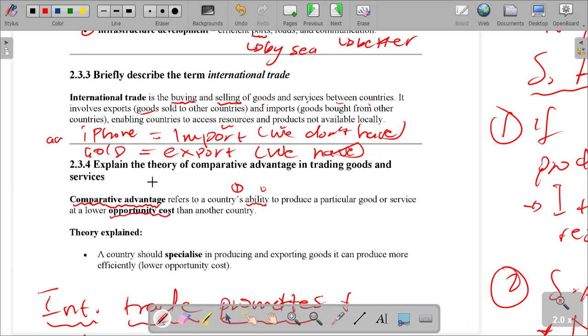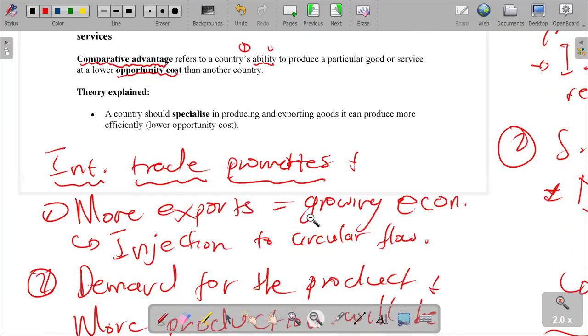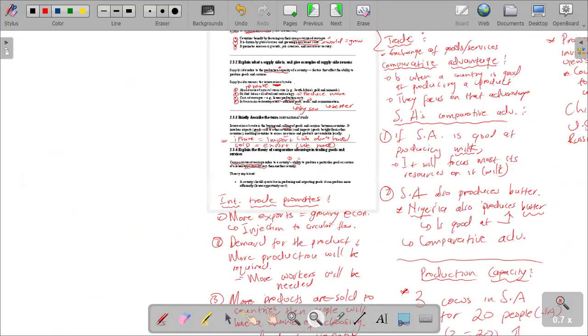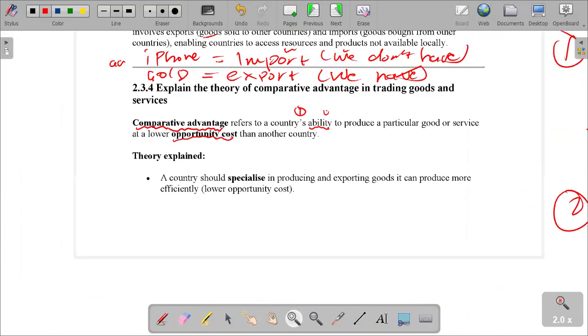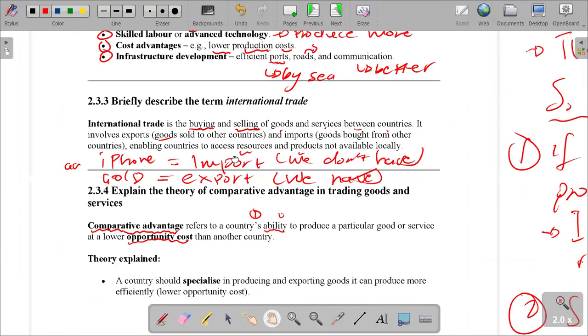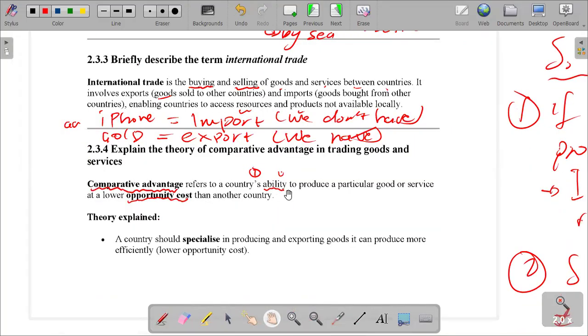So let's break down this whole definition of what comparative advantage is. They say it refers to a country's ability to produce a particular good or service.